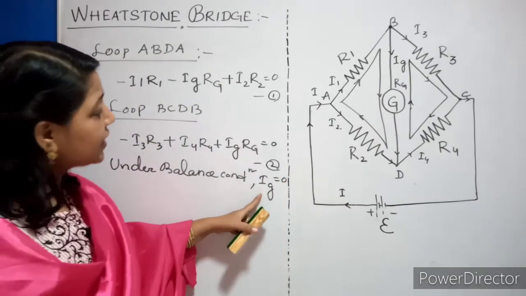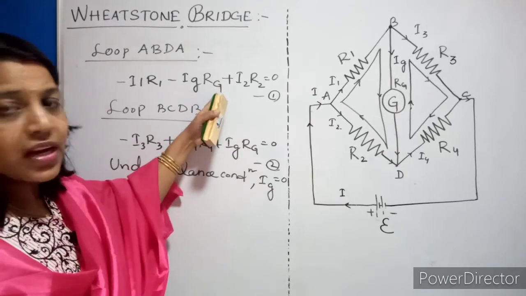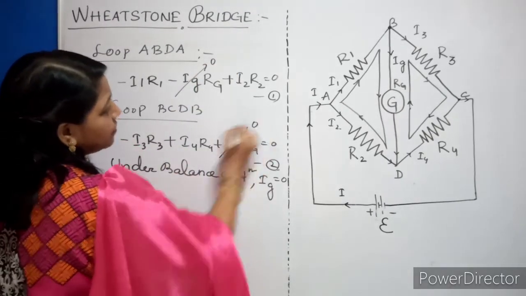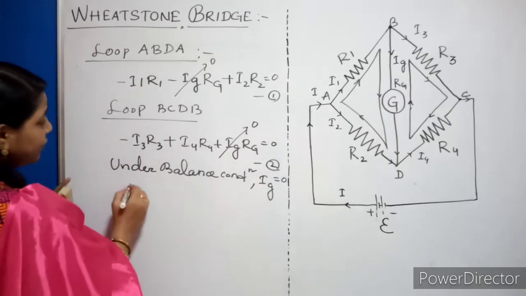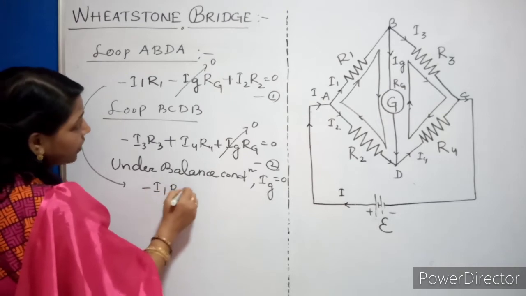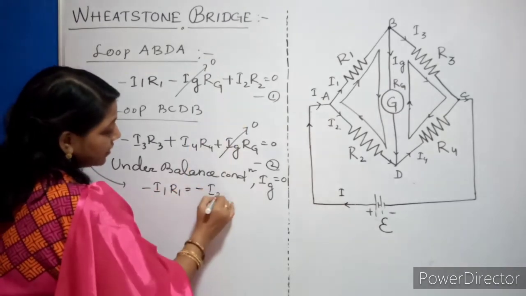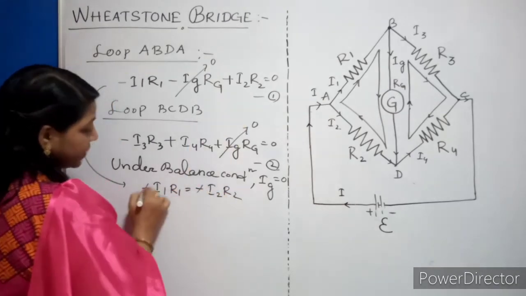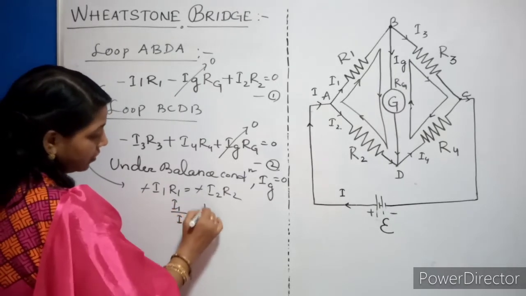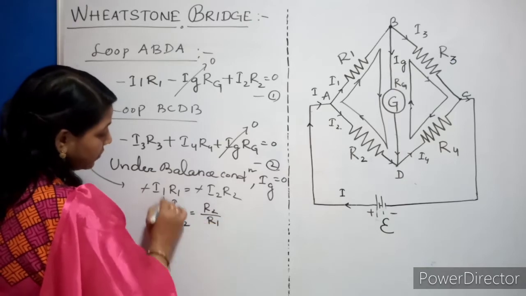So if the galvanometer current is 0, now what will be your equation 1? This Ig Rg part becomes 0. Now what is remaining from equation 1? This is minus I1 R1. Take this to that side, that is minus I2 R2. Minus minus get cancelled. So I1 by I2 equal to R2 by R1.